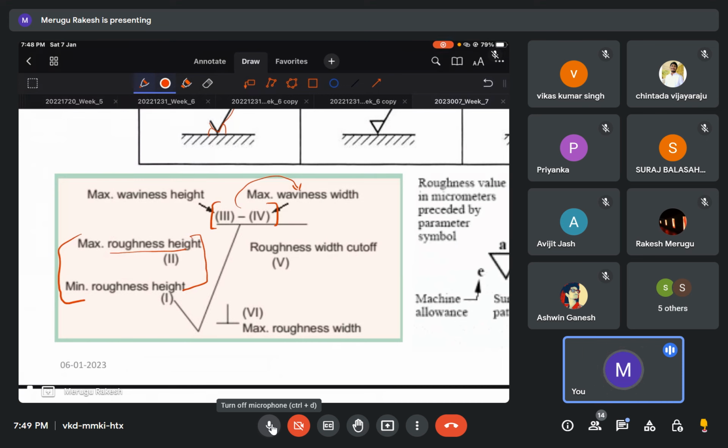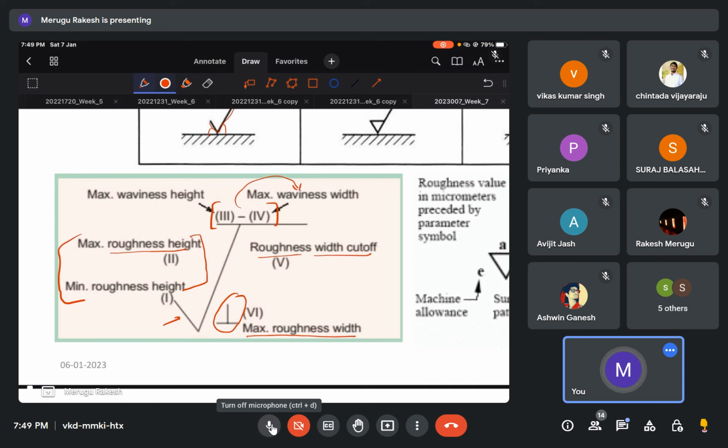Similarly, here they will give the roughness width cut-off, that is, the sample length that we use for calculation. And here we will get the maximum roughness width, and here we get the symbol, the flower symbol that I was talking about earlier.